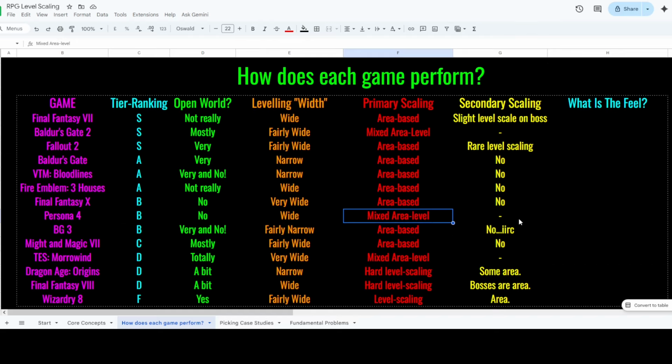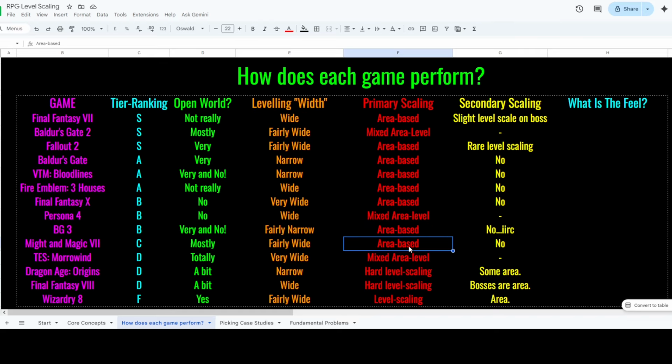Now, there's a lot of things going on with Persona 4's systems generally. So arguably, it's not just wide in terms of the physical number of levels each character and each persona has, but it's also wide in that there's quite a lot of disparity in terms of a fight that goes well and a fight that goes badly. But it is there. Baldur's Gate 3, to the best of my recollection, no, I think that's all area based.